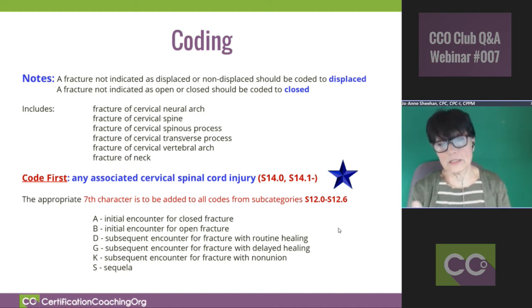Obviously, this patient was injured in 2015, so this is definitely an encounter which is a sequela. All right, so that's fine. We'll move on to the next.